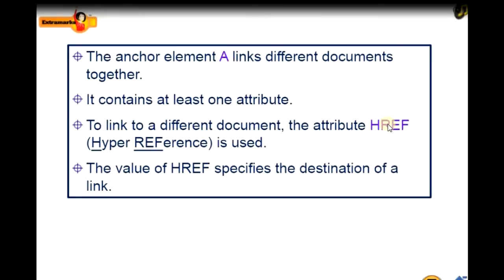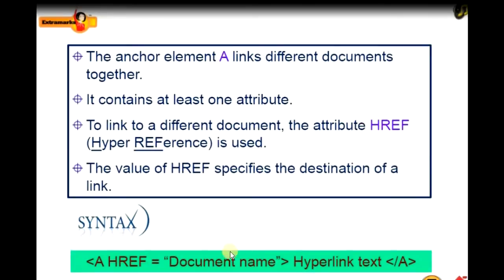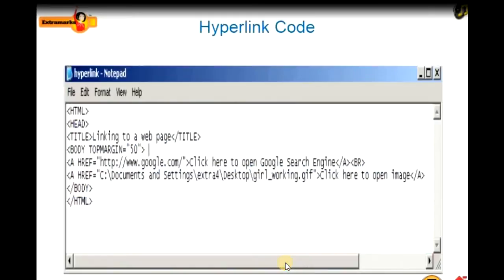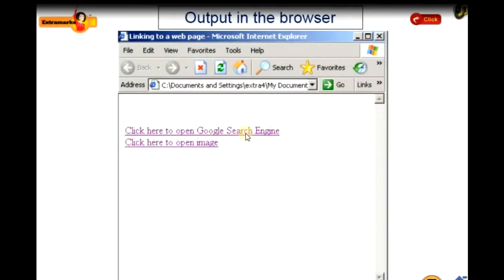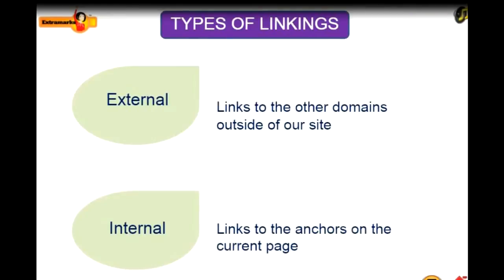So a is a tag, and at least one attribute is href. Href is an attribute, and this is the syntax to write. Here we can see the coding, how we are using it, and this will be the output. I hope you are able to understand it.